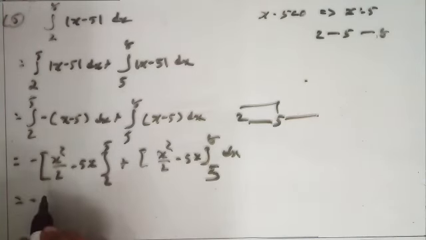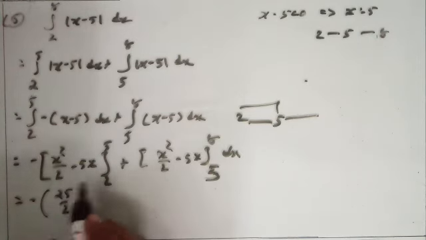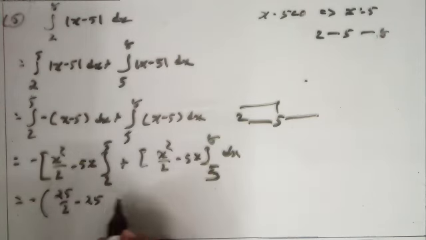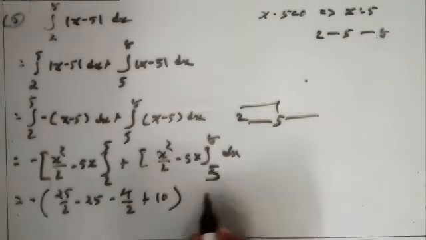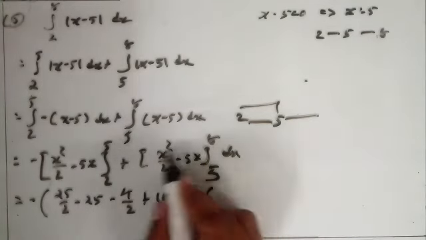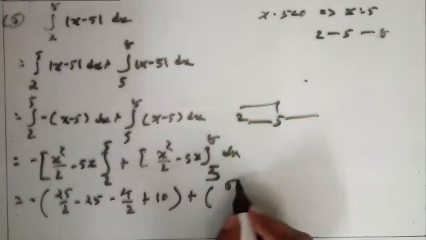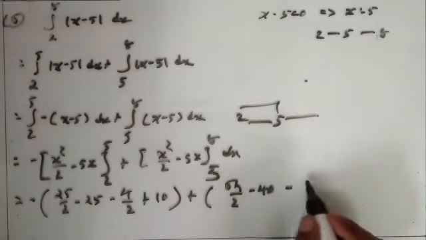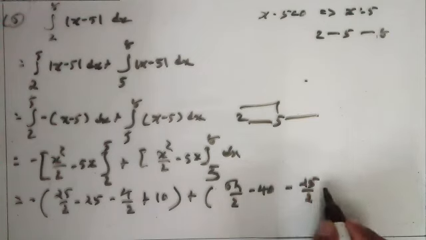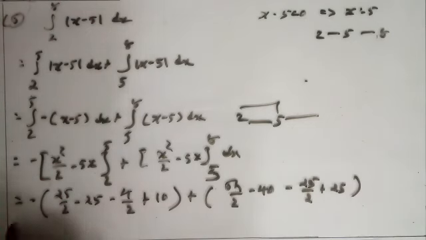So minus, here we get 25 upon 2 minus 5 times 5, 25, minus 2 is 4 upon 2 minus 5 times 2, 10, plus here 8 square is 64 upon 2 minus 5 times 8, 40, minus this, that is 25 upon 2 minus 25, bracket over.